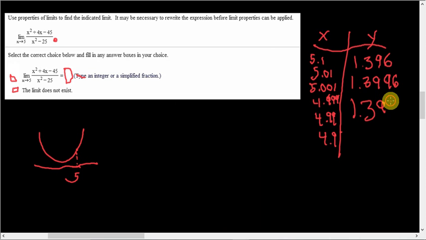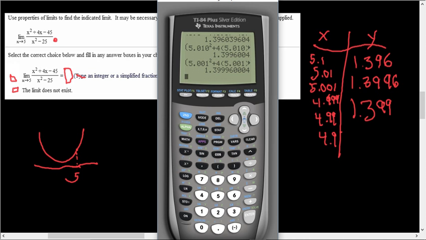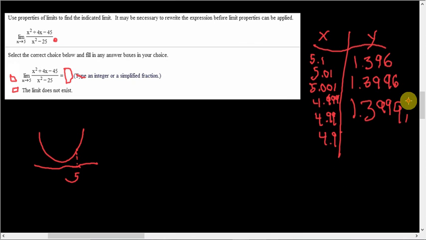Let's see how many 9s there are. 1, 2, 3 9s. A 3, 9, and a 6. Oh, wow, that's way off, isn't it? So it's 1.39996, and you can see it's getting bigger.